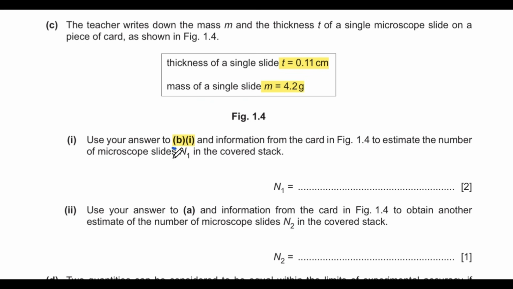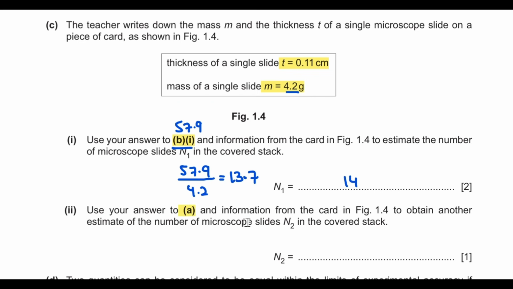The mass of the complete stack was 57.9 and the mass of one slide is 4.2. To get the number of slides, I will divide 57.9 by 4.2 and the answer will be 13.7. To round off the value, the slides would be 14.